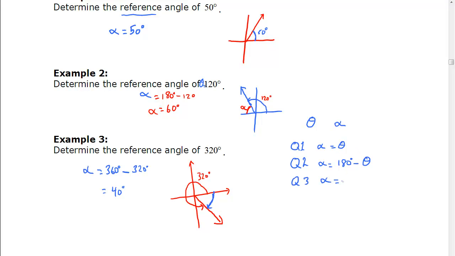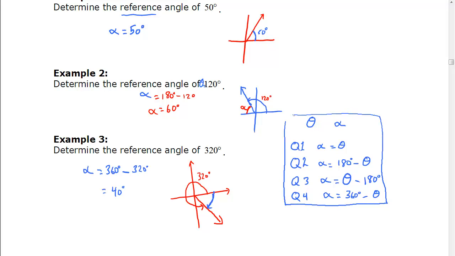In quadrant 3, we're going to take our angle minus 180 to find our reference angle. And in quadrant 4, which we just saw in example 3, alpha is going to be 360 minus theta, whatever our angle was. So that's a way to remember, if you want some way to find the reference angle alpha, if you're given an initial angle of theta. That's where we'll stop this lesson.